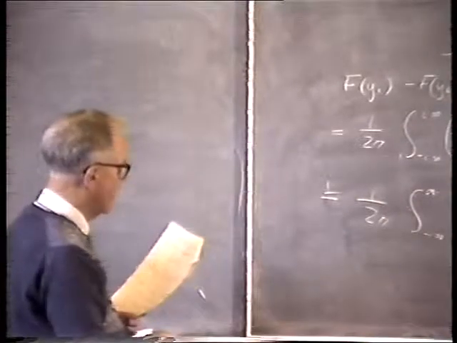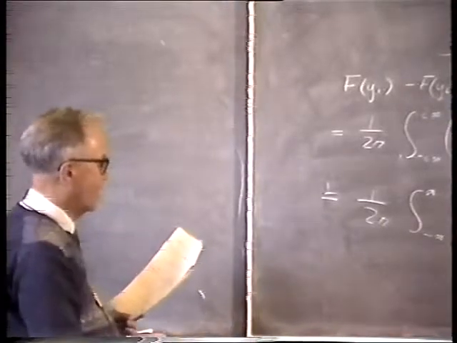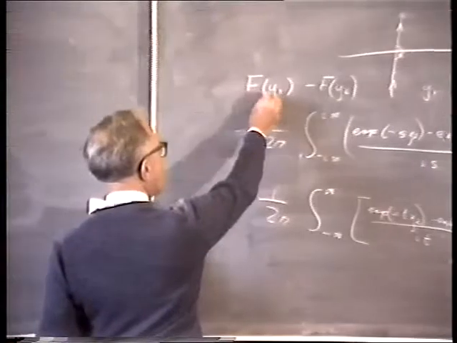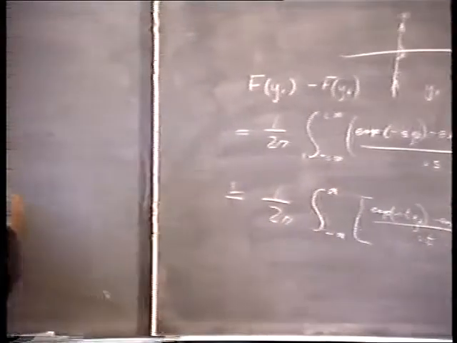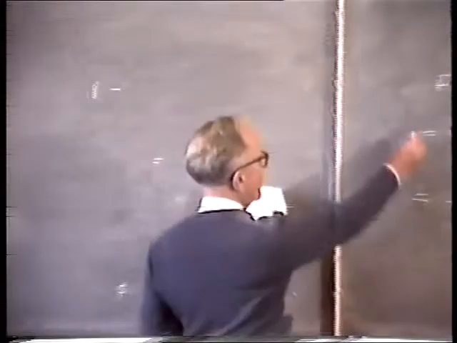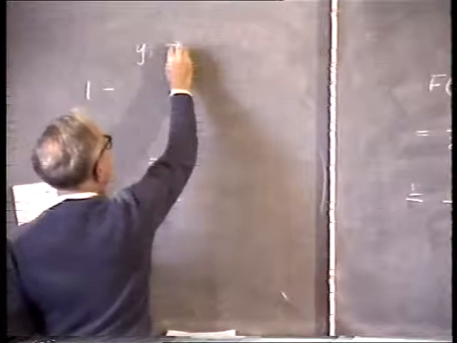What I'm going to do is to allow y1 to tend to plus infinity and keep y2 unchanged. So the first term here is going to tend to 1. That is, the F(y1) is going to tend to 1, y1 tending to plus infinity.